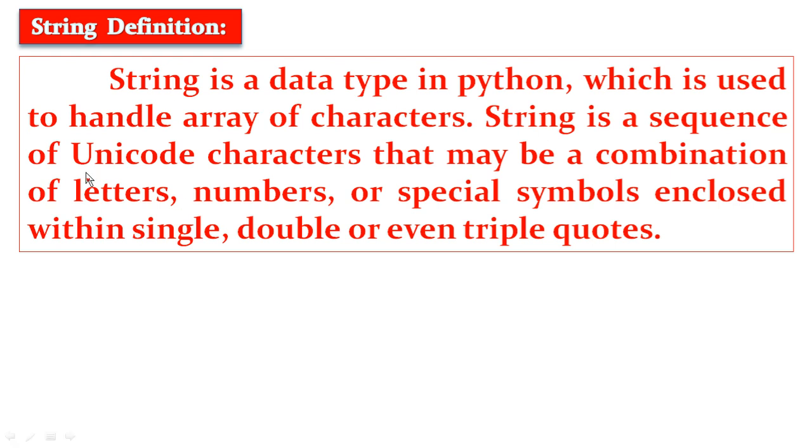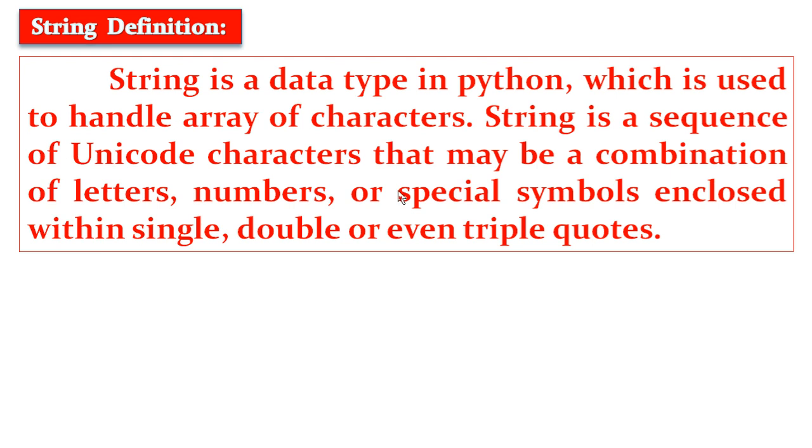String is a sequence of Unicode characters that may be combination of letters, numbers or special symbols enclosed within single, double or even triple quotes. But in C++, a string is enclosed only within double quotes.